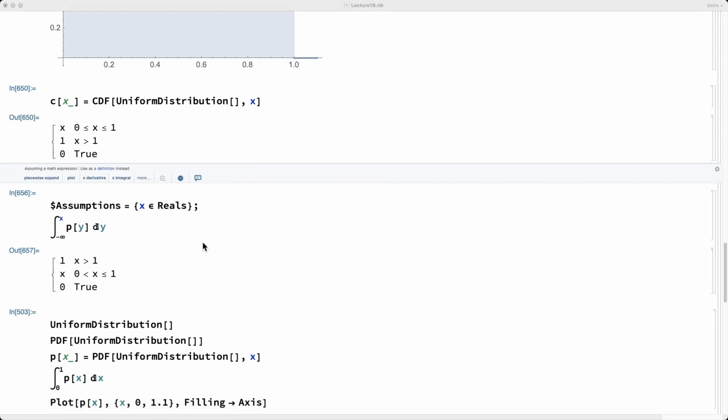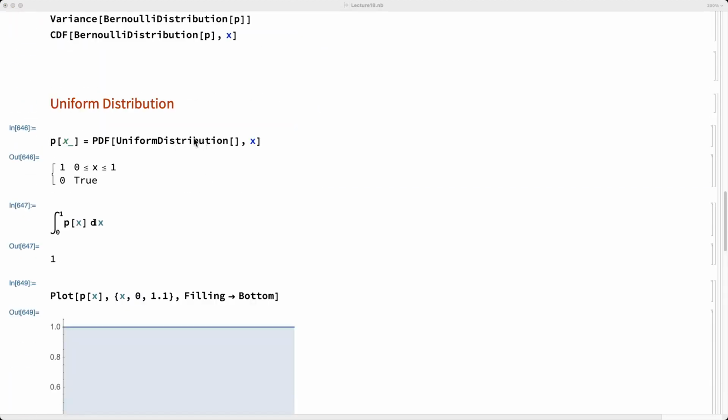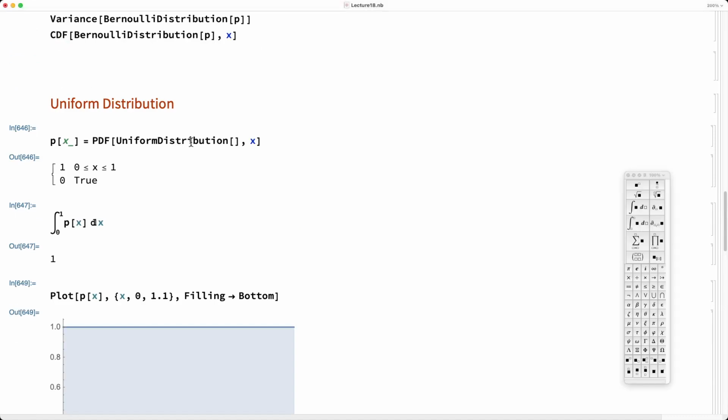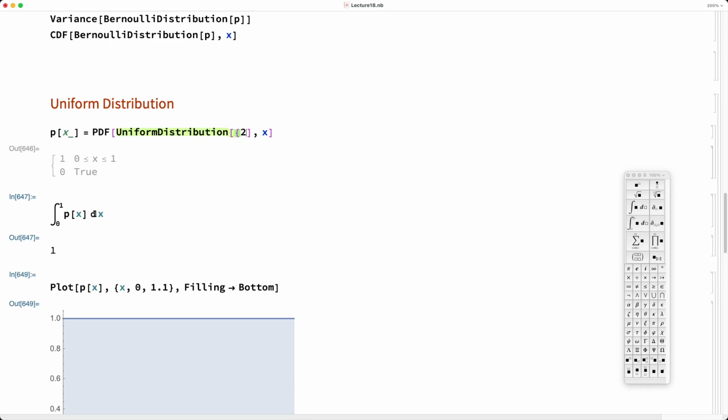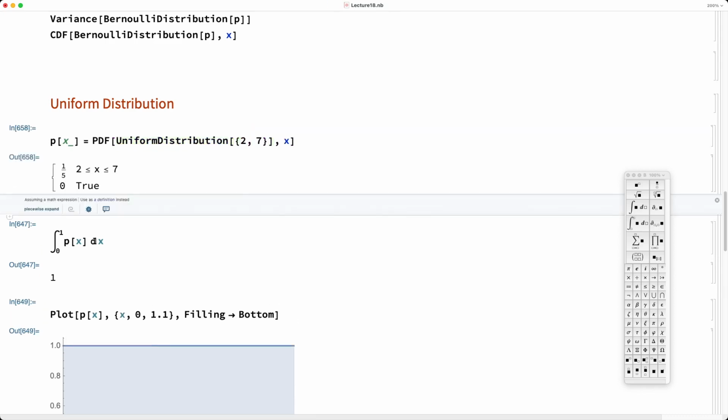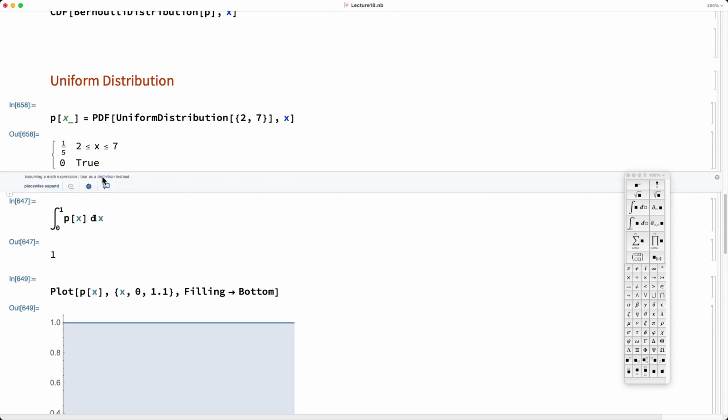Okay, so let's try another PDF. Instead of taking the default that's from 0 to 1, let's suppose that we go from 2 to 7. Then the probability is 1/5 when x is between 2 and 7, and 0 otherwise.